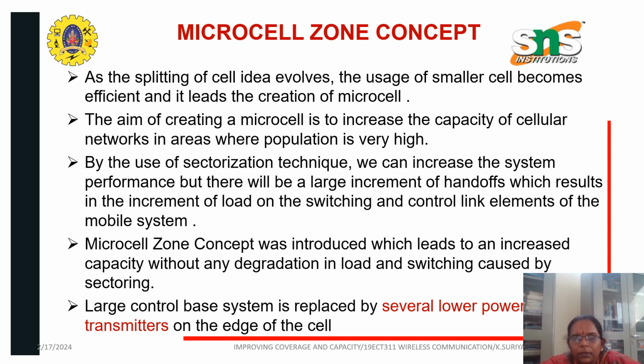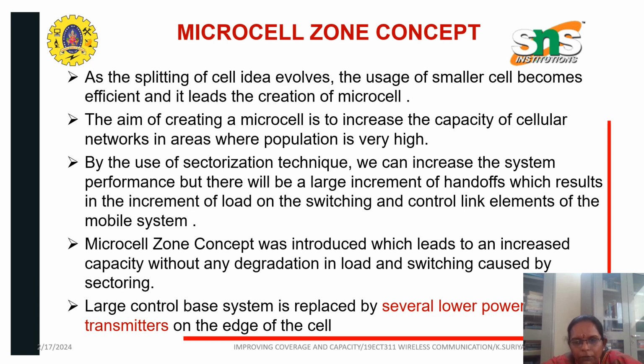The better method from the previous two methods is the microcell zone concept, because the previous two methods have disadvantages like more handoffs and more antennas. So all these can be solved in the microcell zone concept. The aim of creating a microcell is to increase the capacity of the cellular network where the population is very high.